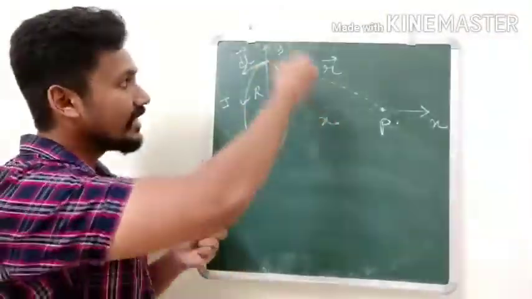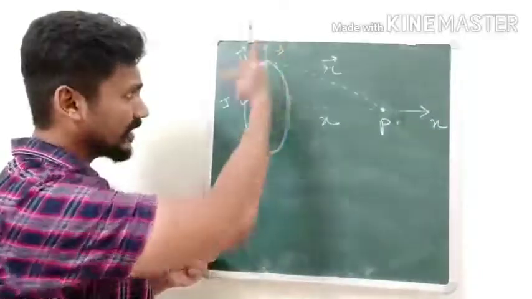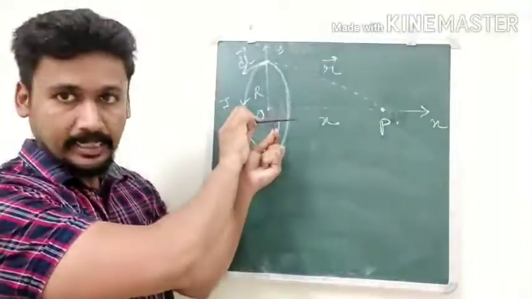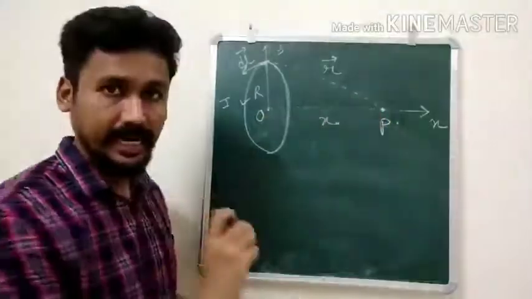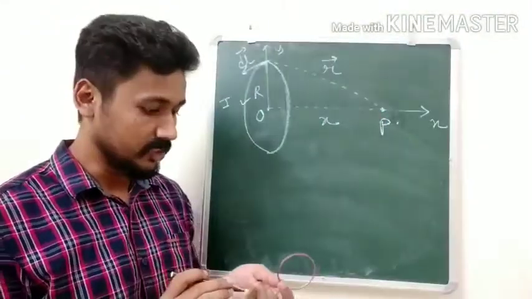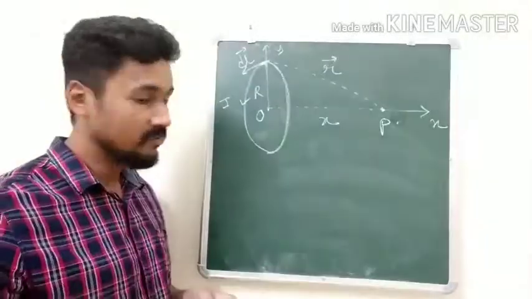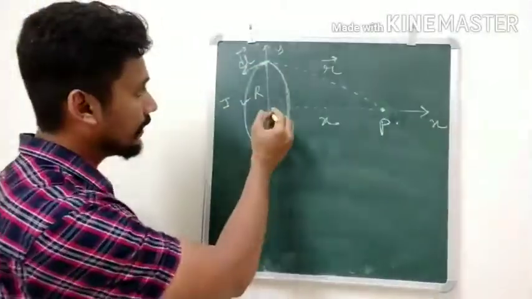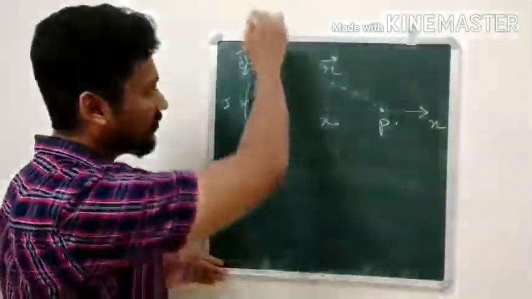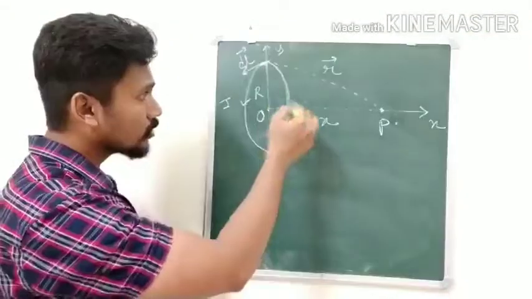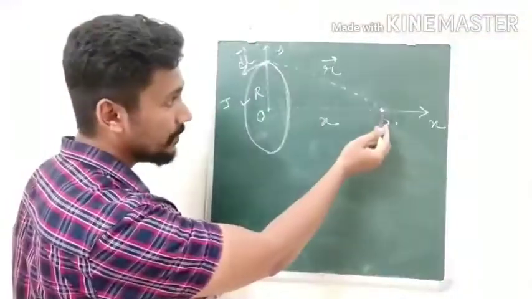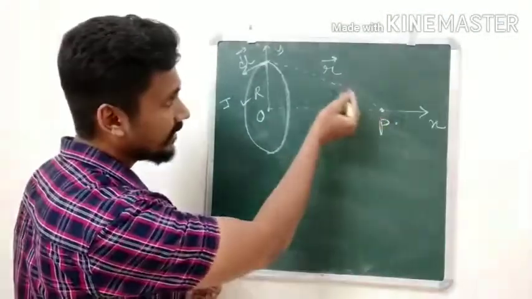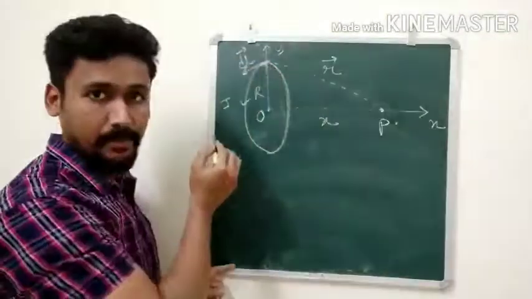Now imagine this is a three-dimensional case. So the loop is actually coming out like this. This is how the loop has been placed, and this is the axis that is passing. We want to find out the magnetic field at P, and we are going to use Biot-Savart's law. So what are the cases we consider here? We will consider dl, a small length element. Then OP is the x-axis, and this is the y-axis. The radius of the loop is capital R. Point P is at a distance x from the center of the loop, and point P is at a distance small r from the length element dl.